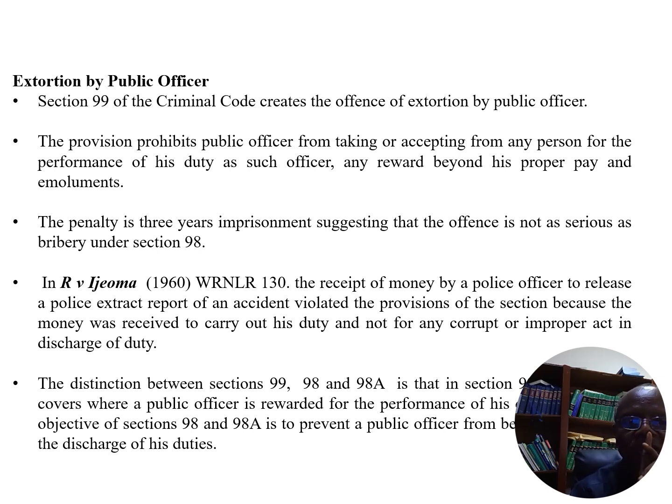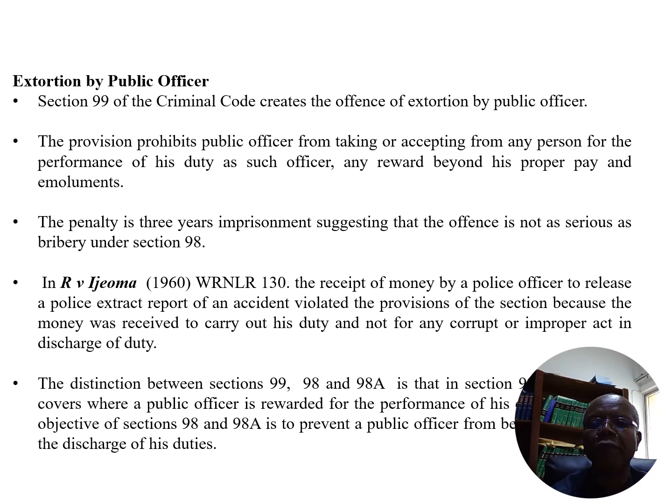And that, according to Section 99, is a lesser offense than the offense of bribery under Sections 98 and 98A, because here the focus of the public officer receiving the benefit or the gift is not to sway or deflect him in the performance of his official duties, but it's only a reward after he has performed the official duty.